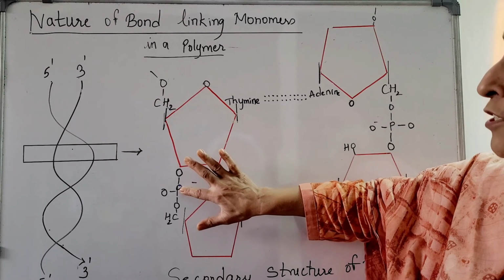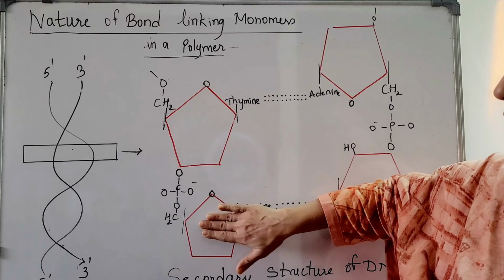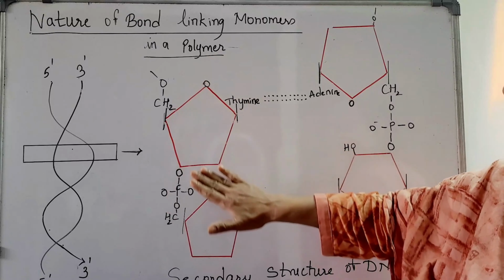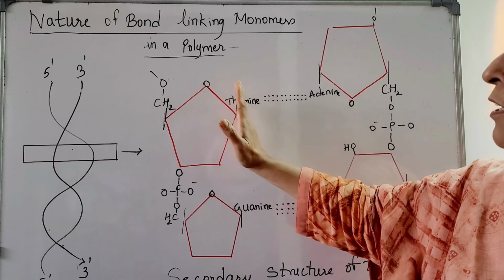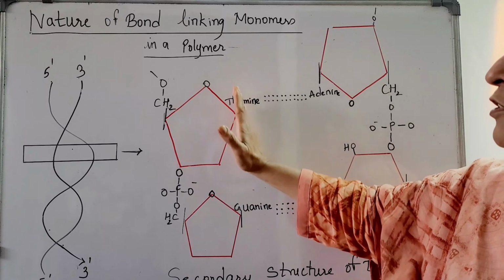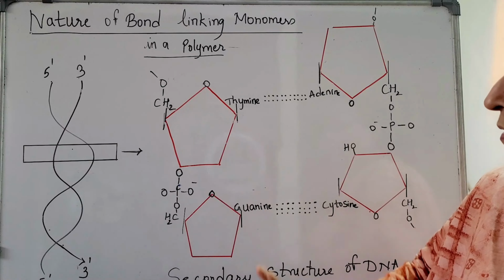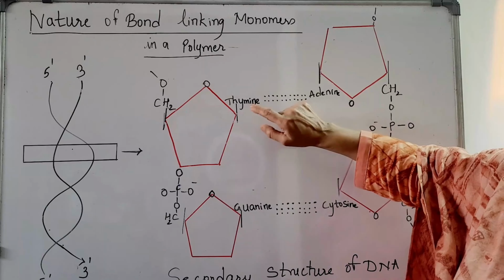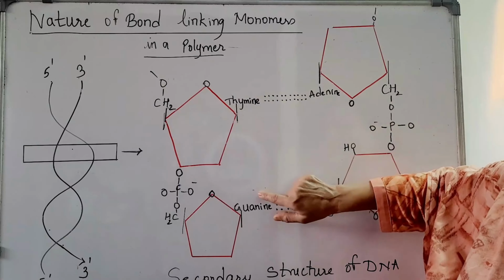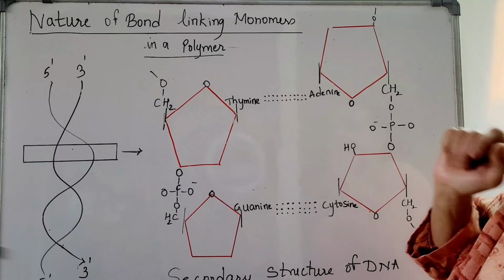So here it is the phosphate group, here it is sugar, and here sugar, here phosphate group. A long chain is formed. Attached to the sugar, perpendicular, is the nitrogenous base. The nitrogenous bases are thymine, guanine, adenine, cytosine, here in one series.